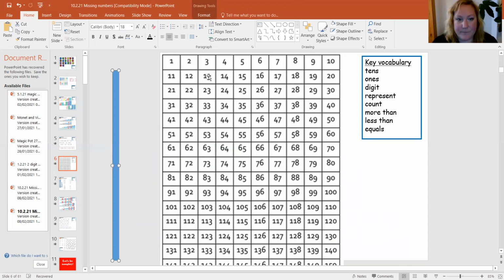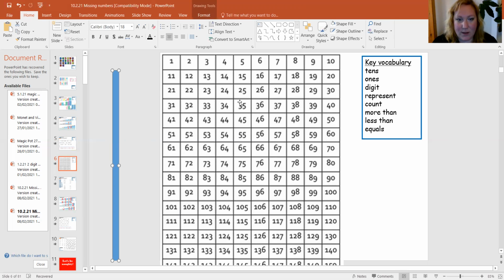So I could say 23 is 10 more than 13. I could say 27 is 10 more than 17. I could say 19 is 10 more than 9. I could say 44 is 10 more than 34. Let's just double check it.